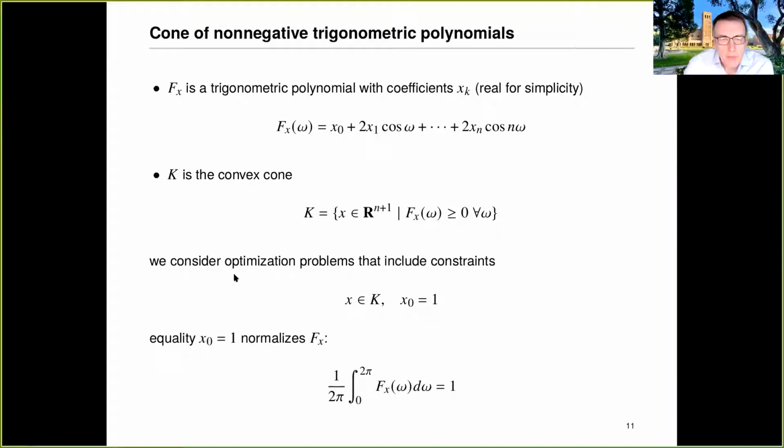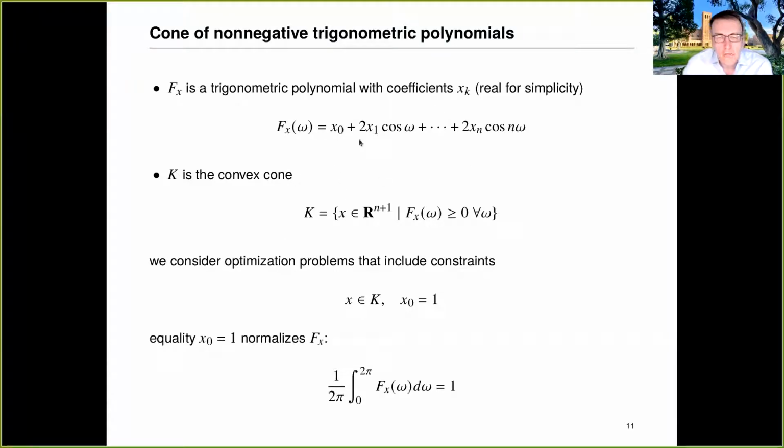So the purpose here would be to look at convex optimization problems that include a constraint that the trigonometric polynomial is non-negative. For simplicity, we'll take the polynomial to have real coefficients. It could have complex coefficients and then include sines and cosines, but for simplicity we'll take it real, and actually everything extends to the complex case.